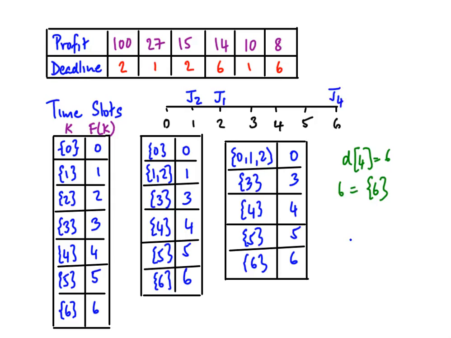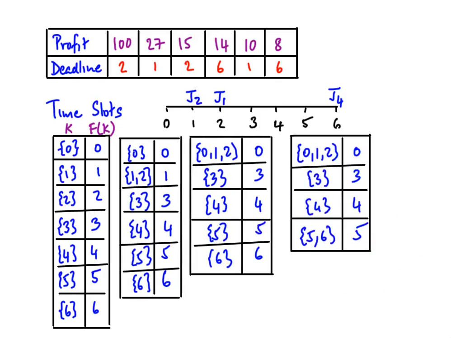And now we will merge this with the set containing f of 6 minus 1, the set containing 5. So this gives us the set {5, 6}, because the set containing 5 is actually 5 itself. So we will merge these two sets. We now have this collection of sets: {0, 1, 2}, {3}, {4} and {5, 6}.